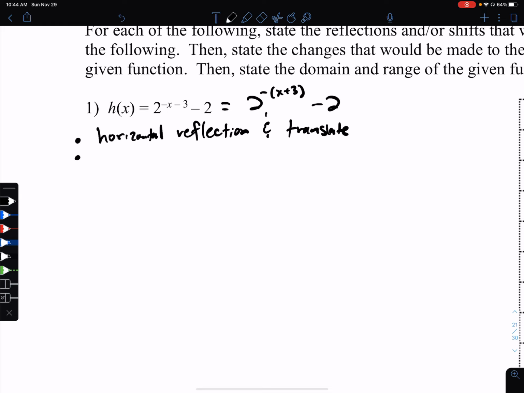And we are translating left 3 because we are subtracting a negative 3 from x here. Vertically, we are going to translate down 2.